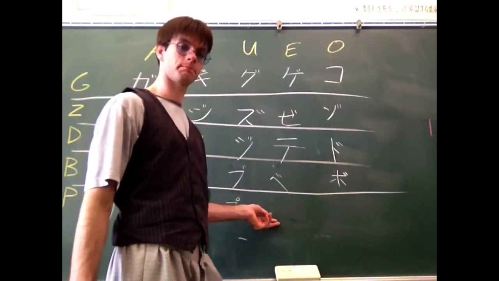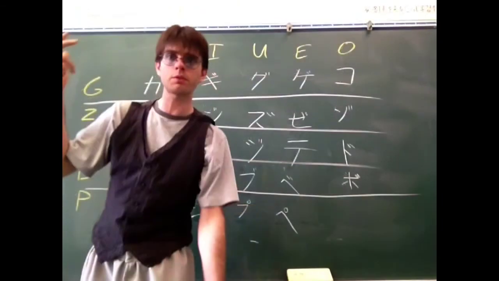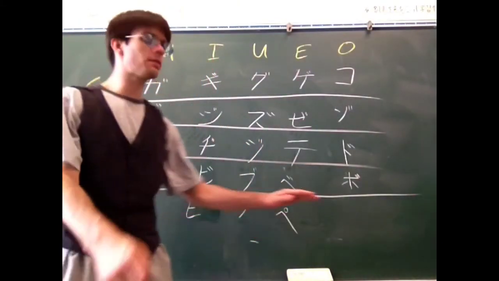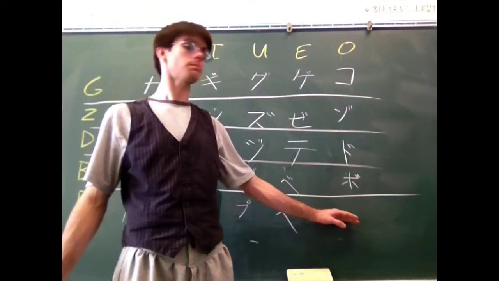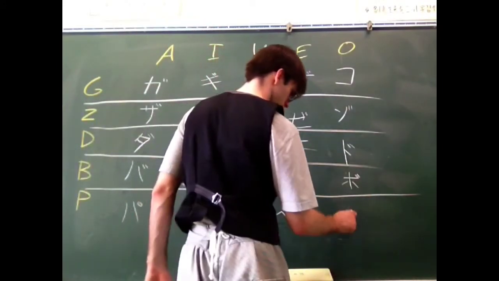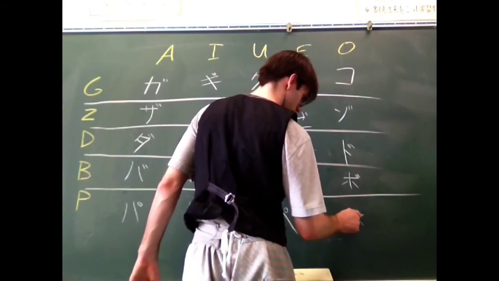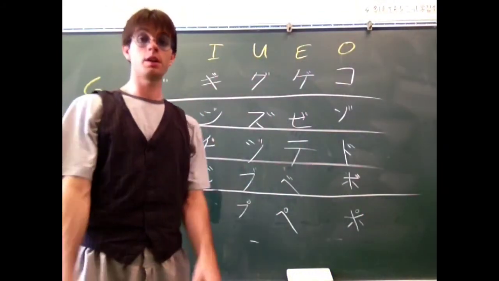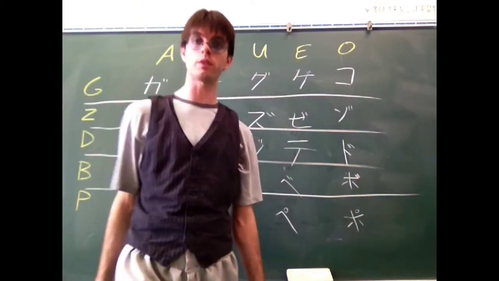Pe. So I guess I must have run out of memory or something, so I had to clean that up. Anyway, we were on pe. Next up is po. Yeah. Po. Done. Alright.